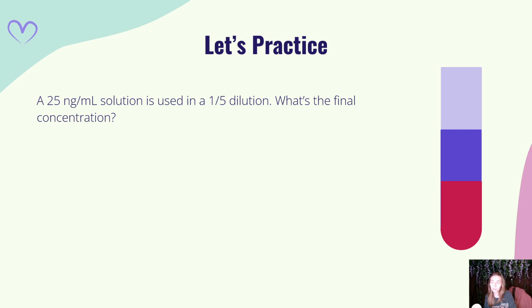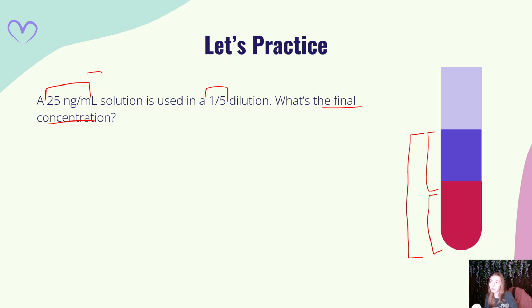What's the final concentration? Okay, so we don't have parts here. We don't have the volumes that we're working with here. We only have a concentration and our dilution. So what do? Well, what are we looking for first? We're looking for our final concentration with our starting concentration.